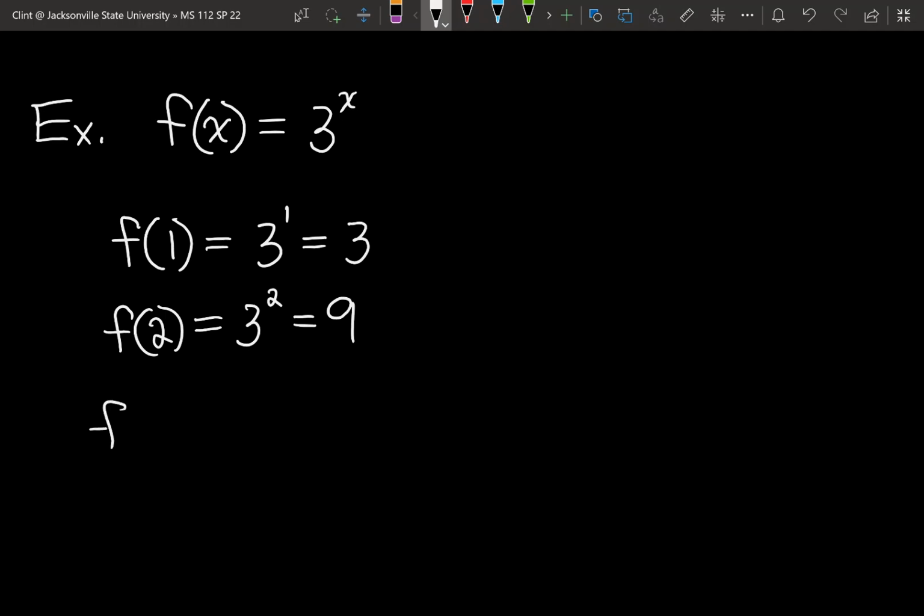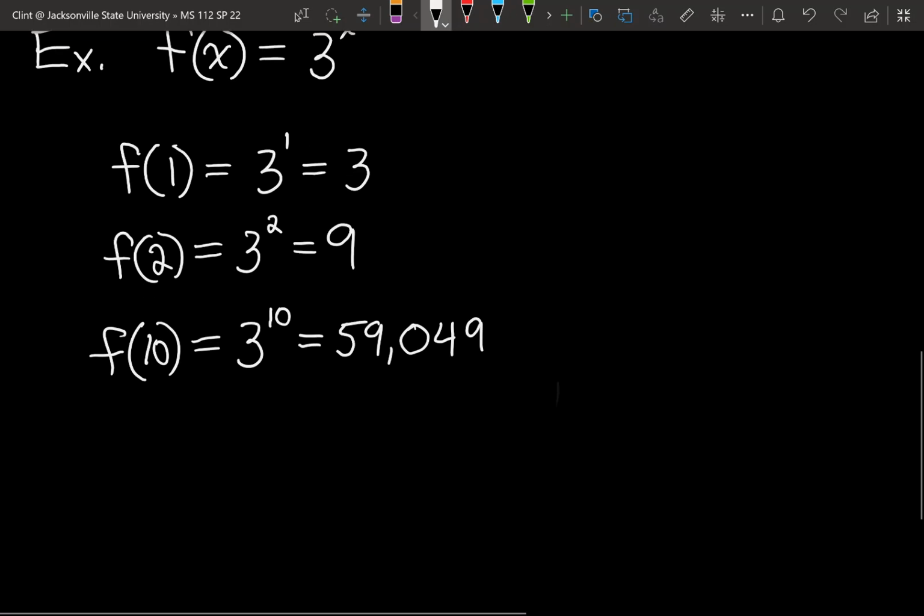So if we're skipping some here, but we wanted to do f of 10, that'd be 3 to the 10th power. I'm going to punch it on the calculator. So just by the time we get to an x value of 10, that's already 59,049.